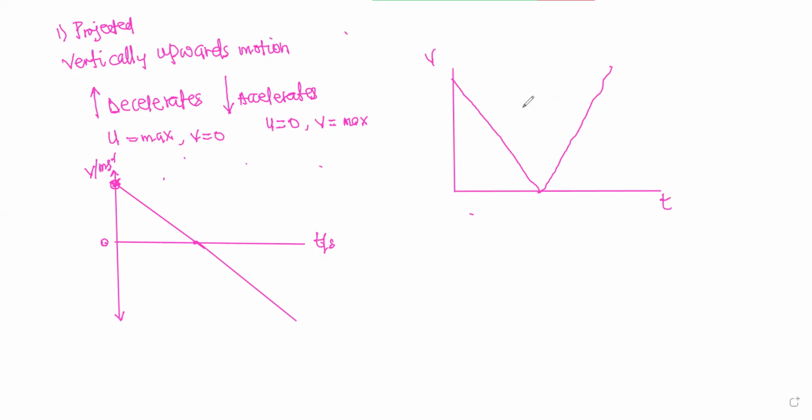This will not be completely accepted because when you do this, you mean the changing velocity is only occurring along one direction, along the positive direction.